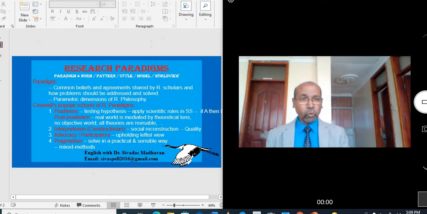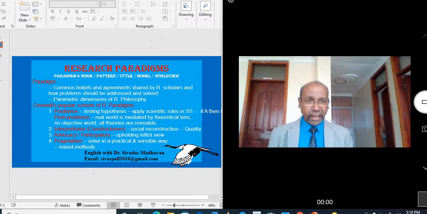One day, Umberto Eco, the well-known writer and one of the exponents of postmodernism, was participating in a seminar, and he wanted to go to the washroom. He doesn't have much time to spend there because the program is going on in the hall, and he came out, and just before the toilet, so many people were there, and they were all in a queue.